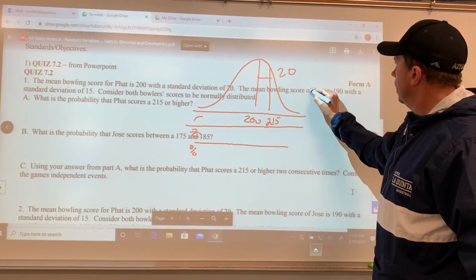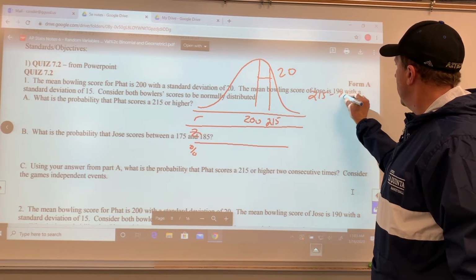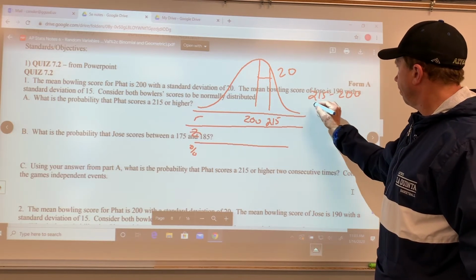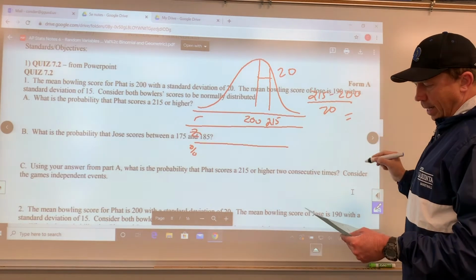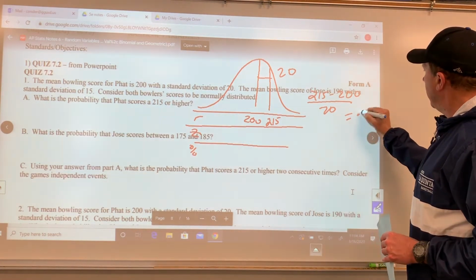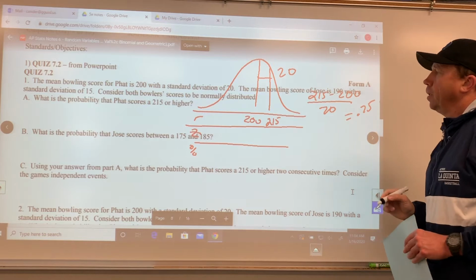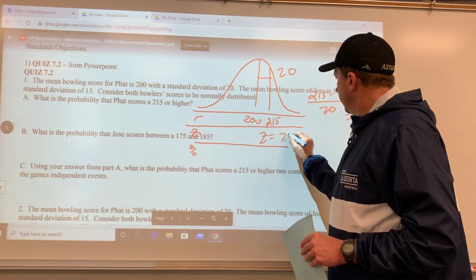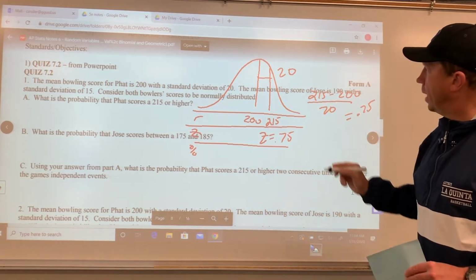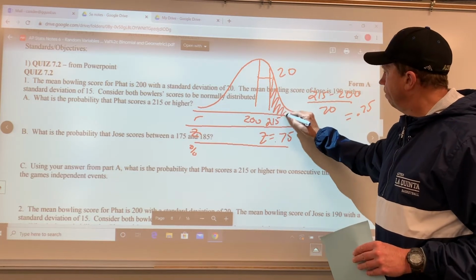It'll be 215 minus 200 divided by 20. And that z-score is, I believe, 0.75. Okay? So I'm going to put the z-score here. And then I'm going to make that a percentile. I'm going to shade it in. Okay?